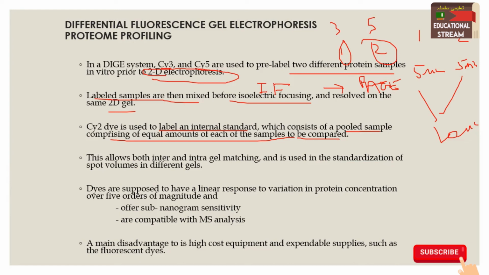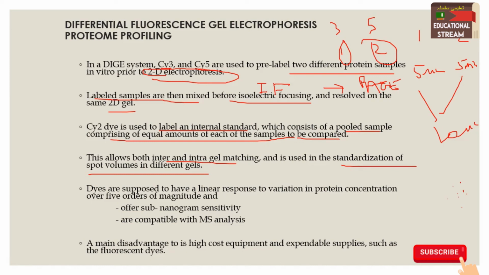It will be the internal standard. This will allow both the inter and intra-gel matching, and it is used in the standardization of spot volume in different gels. We will see how the spots that appear on the gel are standardized.